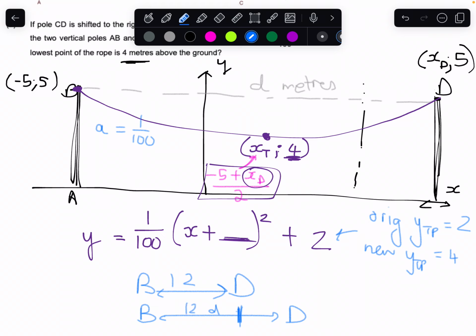If this is the original distance, which is 12, then this last part is the difference between D and 12, so this distance is going to be D minus 12. I don't know if that's important, but who knows, might be useful, might not.